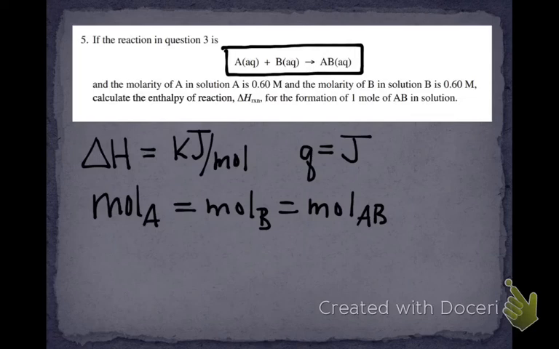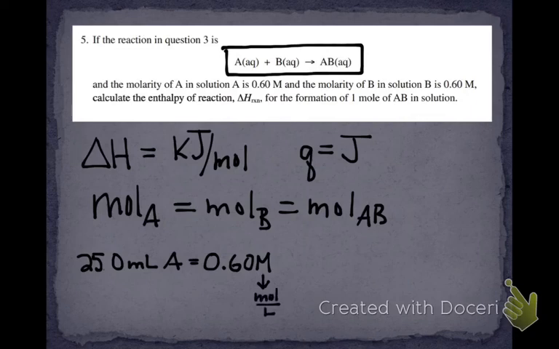Now, I was given 25 milliliters of A. This is telling me that the molarity of that is 0.60 molar. We know that molarity is moles per liter. So we can take that 25 mL as our given and convert it to liters.